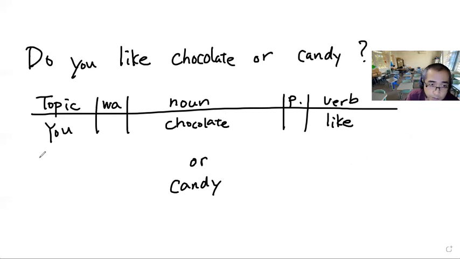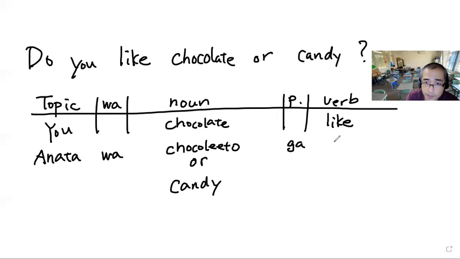Okay, how do you say you? あなたですね。Then followed by は。Chocolate is チョコレート, in Japanese accent. Then the particle が. And then, like, we say 好きです. Then the question mark, we say か。あなたはチョコレートが好きですか？Then today's keyword, do you remember how you say or for question sentences?